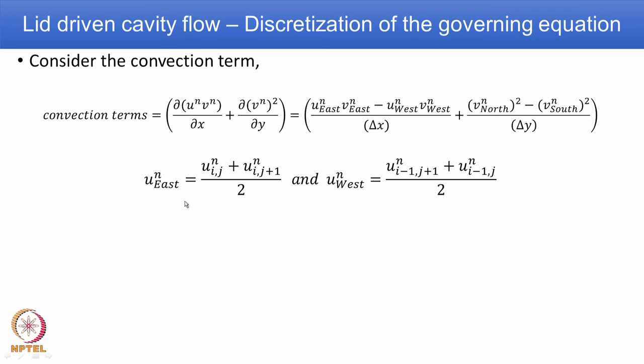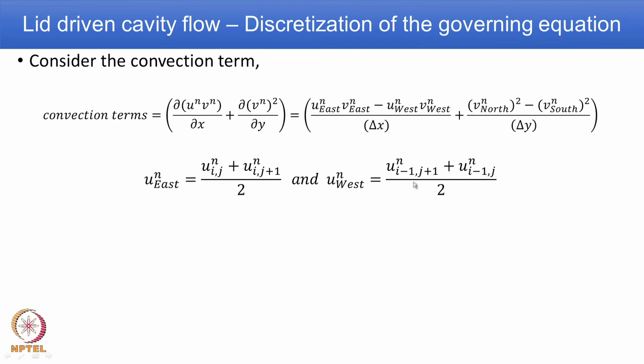Now, if you recall what we learned in the week 4 lesson on convection term treatment, we have different approximation procedures: central differencing type of approximation, pure upwinding approximation, QUICK type of approximation, power law scheme, hybrid scheme. In this, we implement the central differencing type of approximation. So, u at east is evaluated from the neighboring nodes in this way: u I comma j plus u I, j plus 1, by 2.